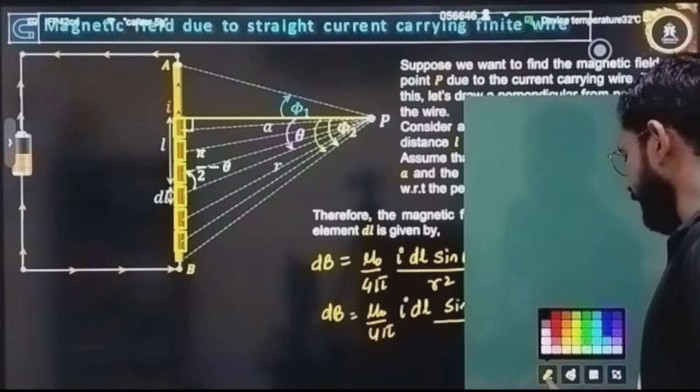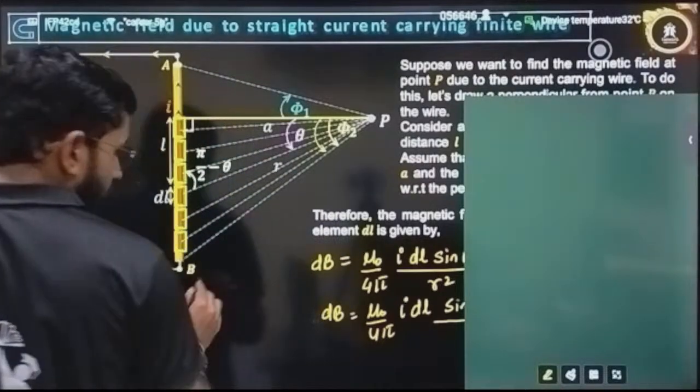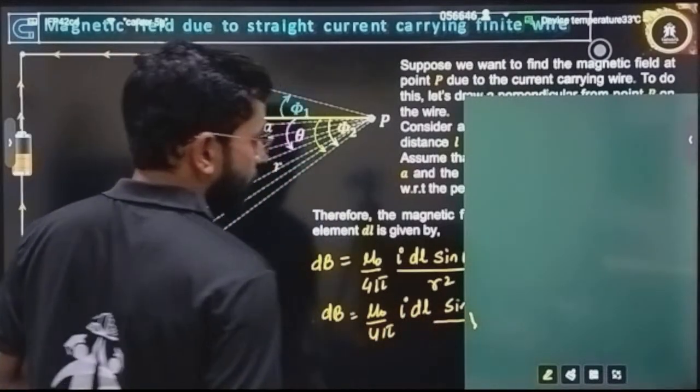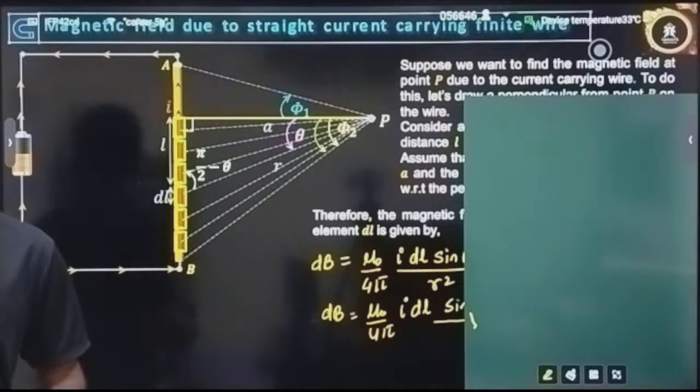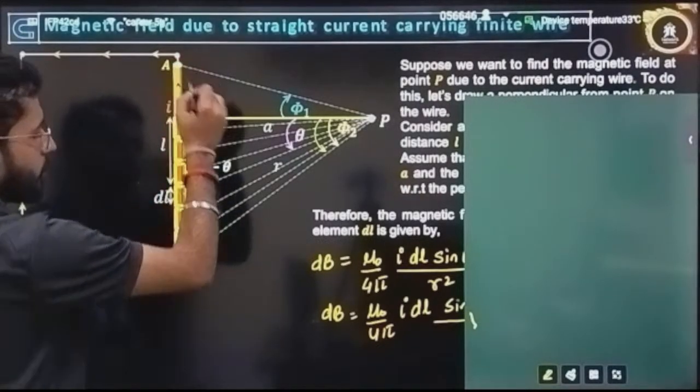Now see, understand step by step how we are going to do it. See, this is a current carrying wire.